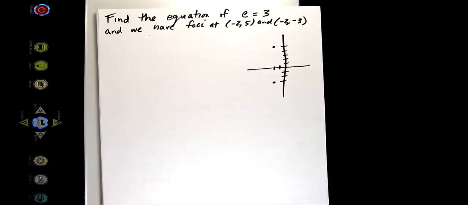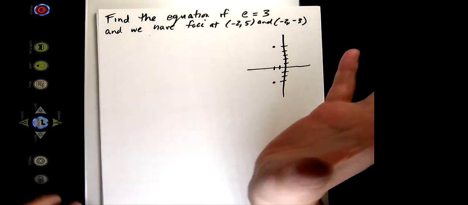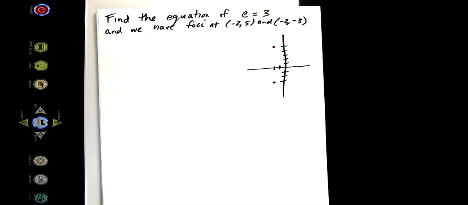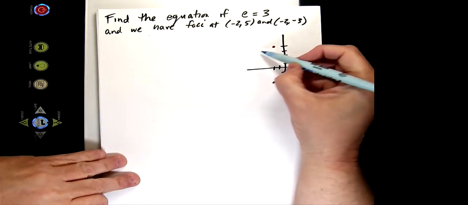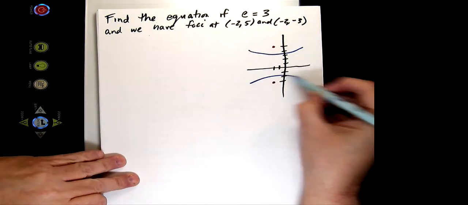Do I have hyperbolas opening up and down or left and right? Up and down. Why? You're right, but why? Because the foci sit in the cup, right? So I don't know where it's going to hit, but I know it's something like this.